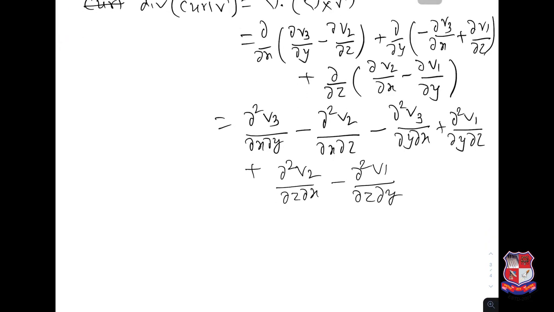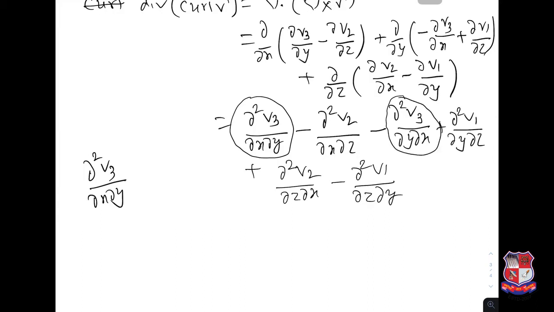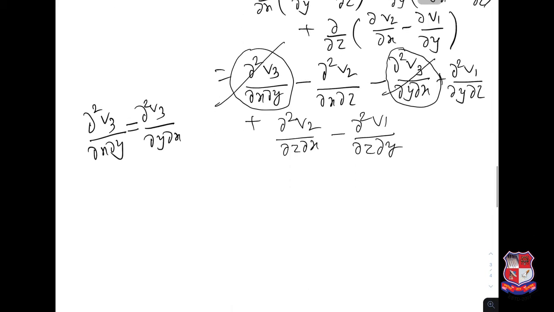Now the partial derivatives del square v3 by del x del y here and del square v3 by del y del x here are equal, we know that even from first semester, and they have opposite sign, so they get cancelled.